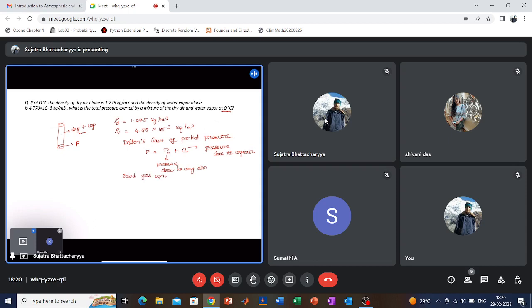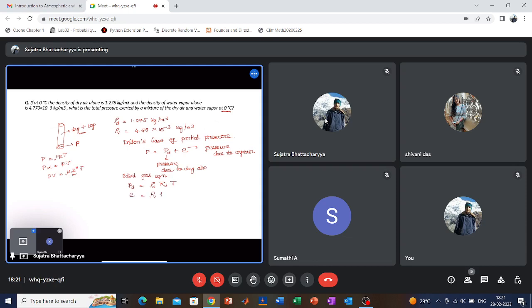For dry air, it is PD is equal to rho d RD into T. Three forms of the ideal gas law I wrote in the earlier slide: P is equal to rho RT, P alpha is equal to RT, and PV is equal to mu R star T, where R star is the universal gas constant. These are specific, so I am using this.